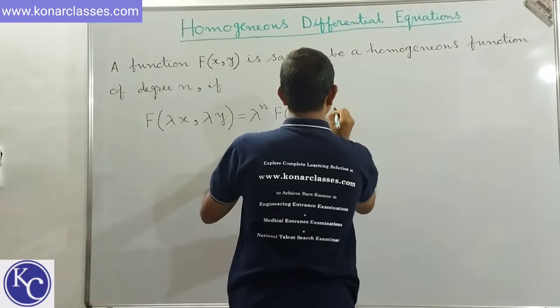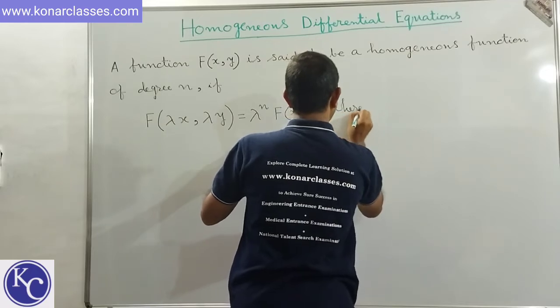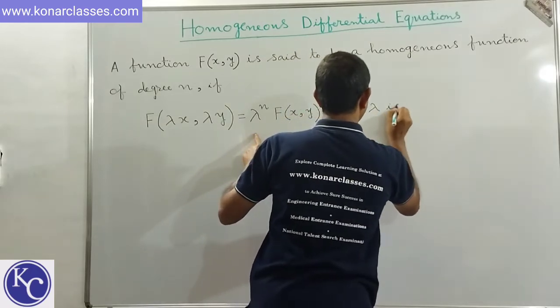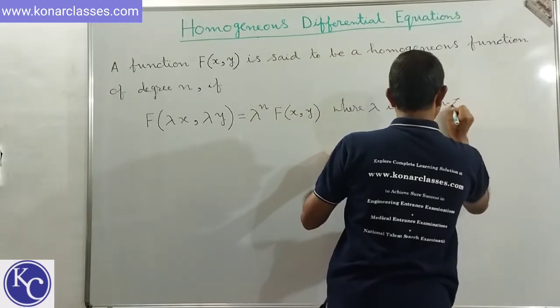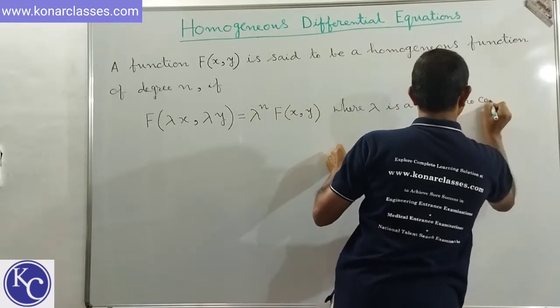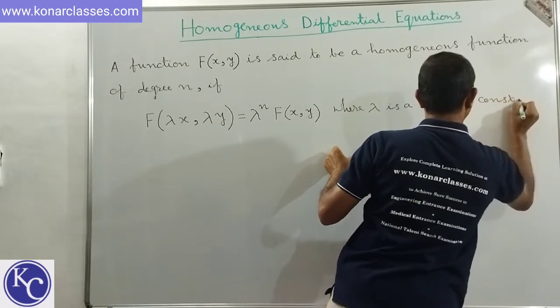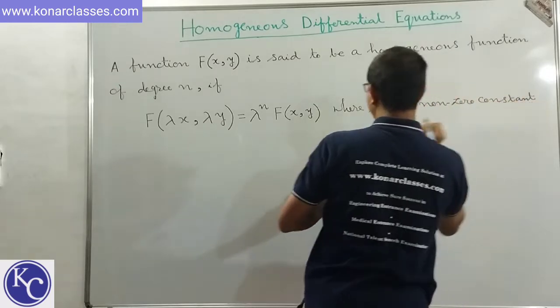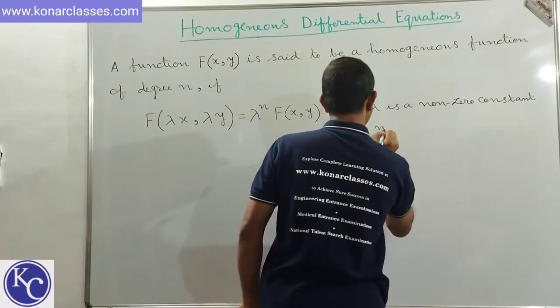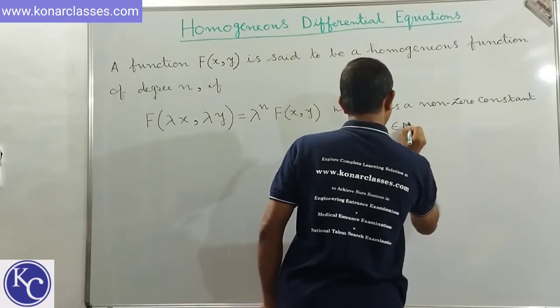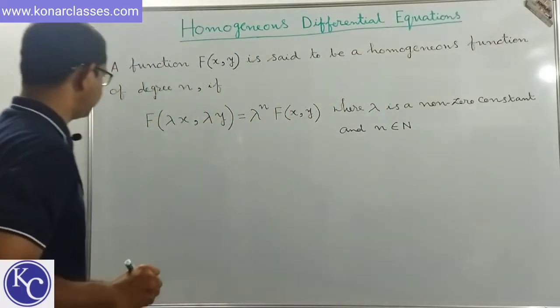What is lambda? Where lambda is a non-zero constant, and what is n? That n belongs to capital N, the set of natural numbers.